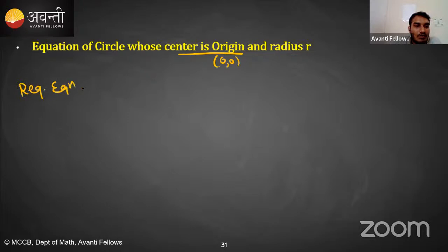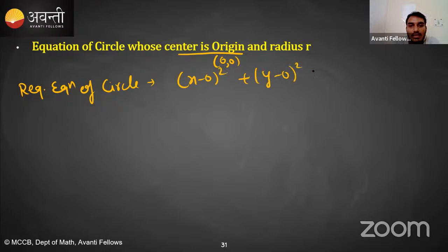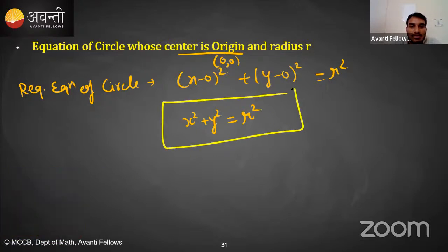Required equation of circle is x minus 0 whole square plus y minus 0 whole square is equal to r square, right? So it implies x square plus y square is equal to r square. So this is the equation of circle with center 0, 0 and radius r.